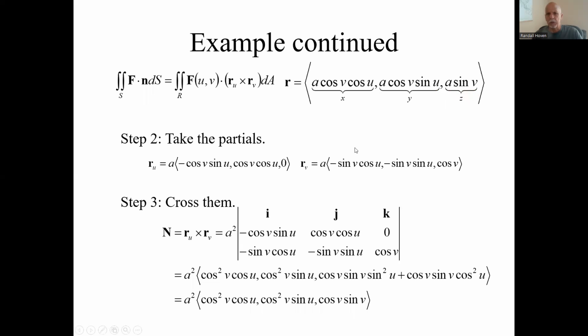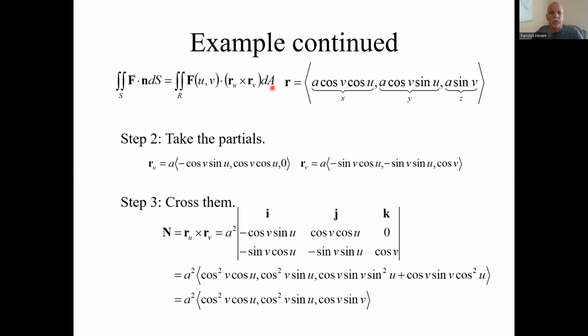This with respect to u will just be 0. And this with respect to v will be minus sine v cosine u. Same thing, minus sine v cosine. Anyway, you can take partials, right? So that step was easy.